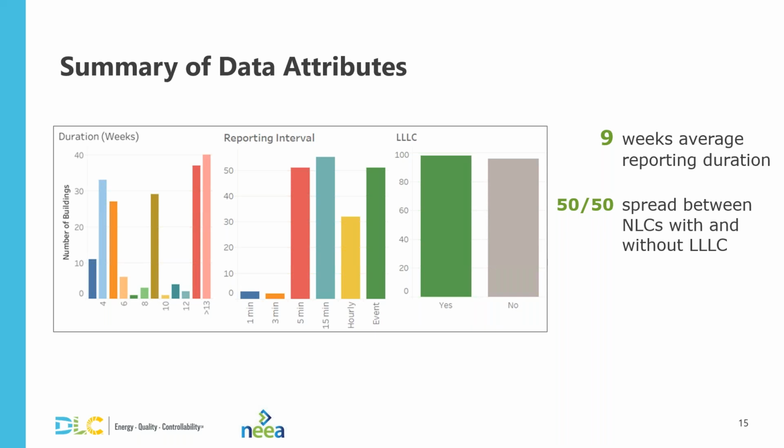Overall, we had almost an even spread between NLCs with and without LLLC across all 194 data sets. However, I want to caution that this does not mean there was the same even spread for each building type. So let's keep this in mind when looking at savings analysis in the later slides.